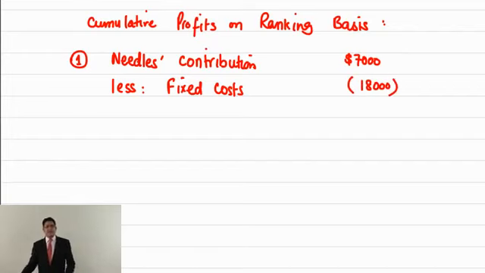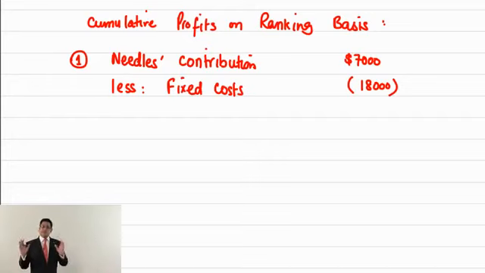Now you might be thinking, why am I allocating full fixed costs of 3 products to needles only? Remember the definition of fixed cost. Fixed costs are incurred in total. We don't incur fixed costs for nums, needles and pins separately. We incur fixed cost as a total lump sum.